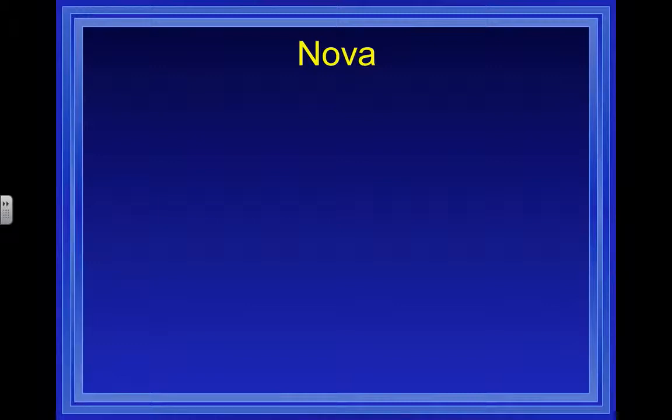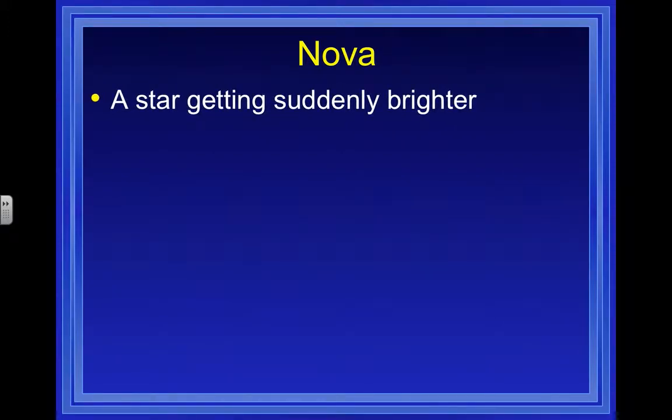Now, this brings us to a nova. A nova is a star that is getting suddenly brighter all of a sudden. I know that sounds like I said the same word twice. I guess I did. But whenever a star becomes intensely bright over a short period of time, something is about to take place.